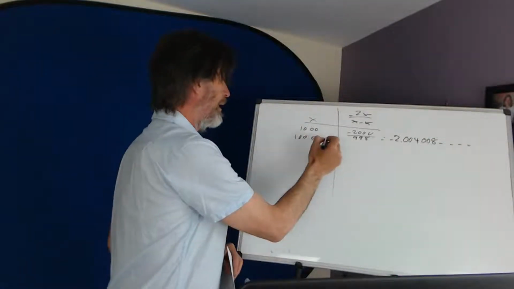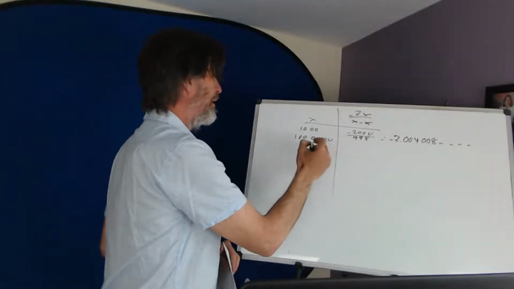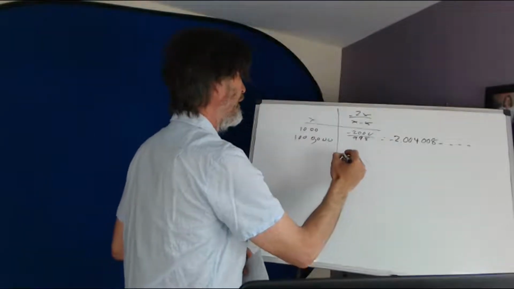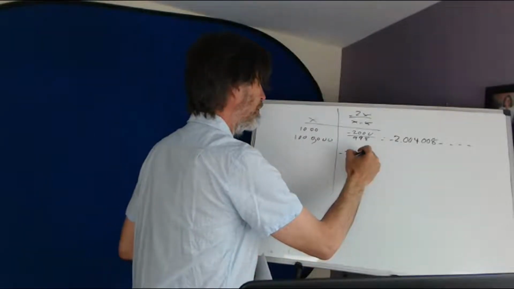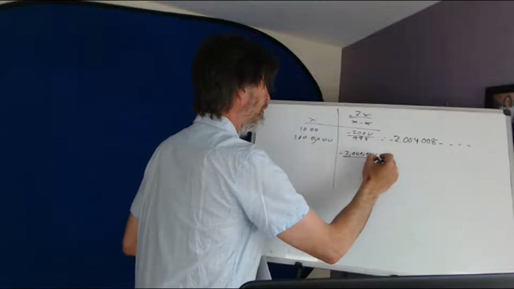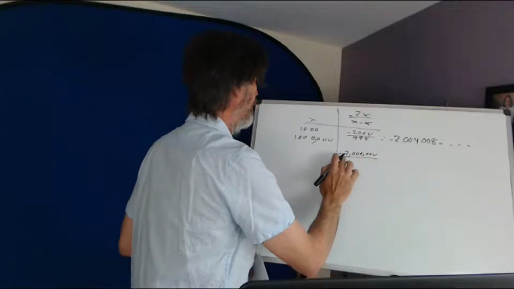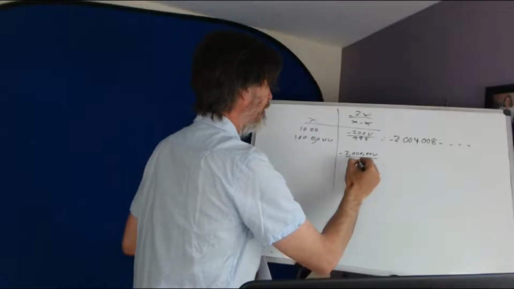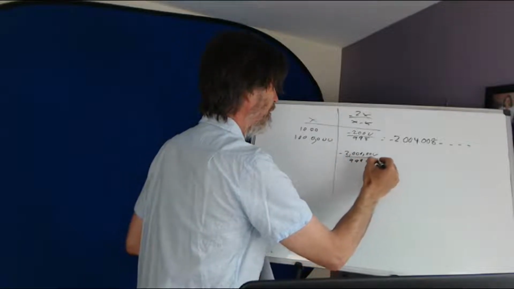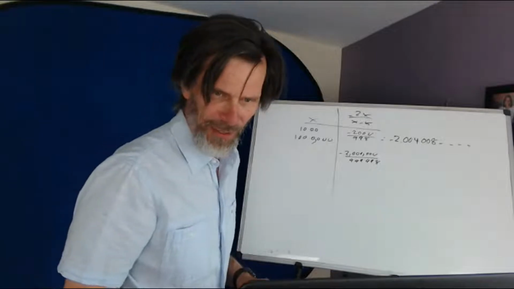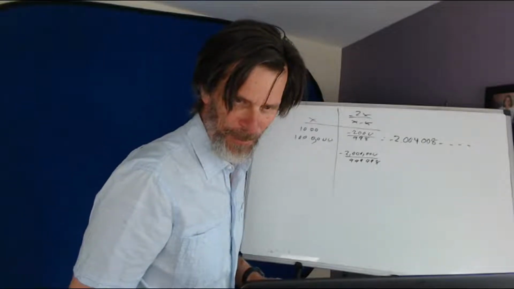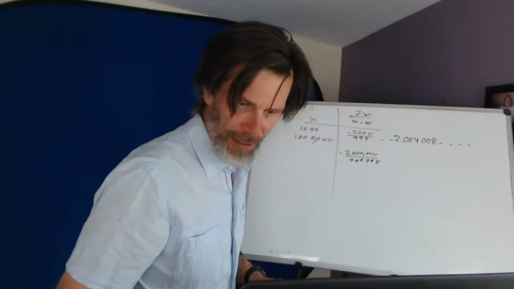Now I'm going to plug in 1,000,000. I need an extra 0 there. So I plug in 1,000,000. This will be negative 2,000,000 over 999,998. Man, that's going to be so close to negative 2, but I'll calculate it out.